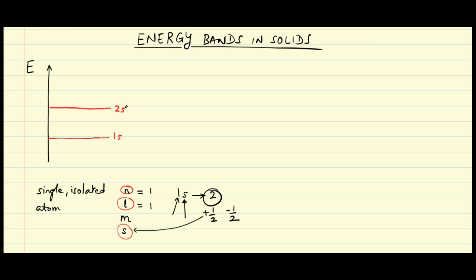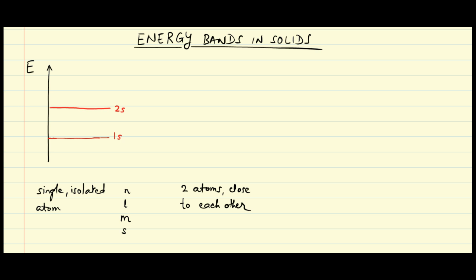And similarly, the other orbitals, that is the 2p orbital and the 3s orbital, are shown as single lines in the energy level diagram, and they are of course above the 2s level. Now the difference of course between the 2p line and the 3s line is that the 2p can accommodate 6 electrons and the 3s can accommodate only 2 electrons.